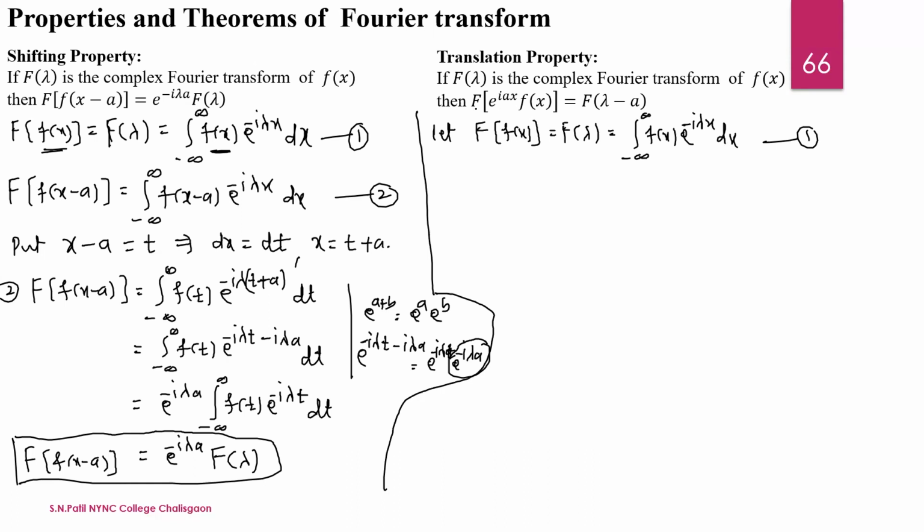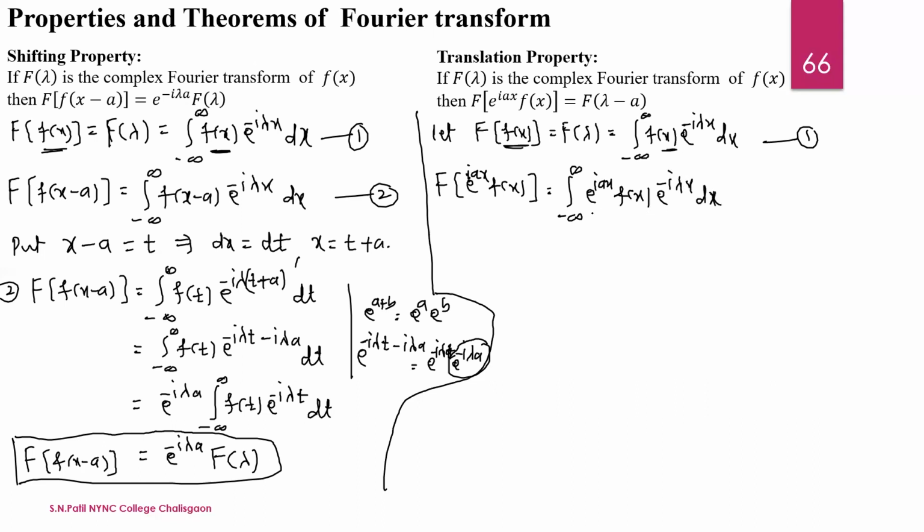Now here we find the Fourier of the exponential function e to the power plus i a x times f of x, which is the integral from minus infinity to plus infinity. If f of x is here, then we write f of x. Here e to the power i a x into f of x, we write e to the power i a x f of x into e to the power minus i lambda x dx.